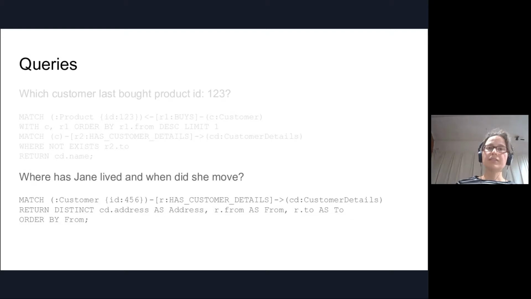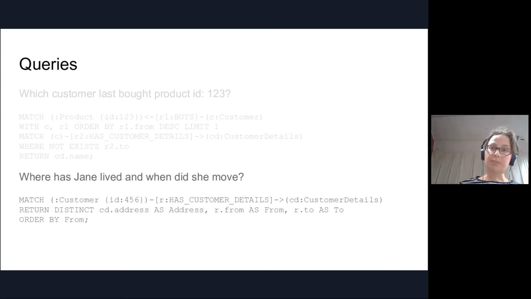How about where has Jane lived and when did she move? So in this example, we want to get the address history for our customer. So we're going to do match customer ID 456, because we know that's the unique identifier for that customer. And then we're going to go has customer details, customer details. So we've put a variable name in for the relationship.